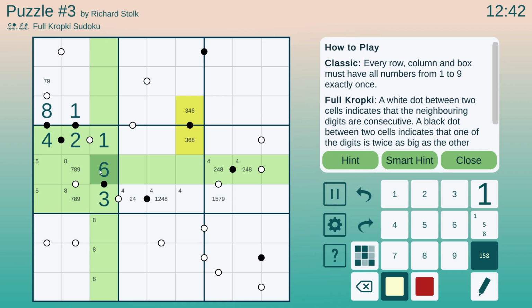All my numbers are stuck to each other there. So I keep looking at Sudoku, but there's nothing.